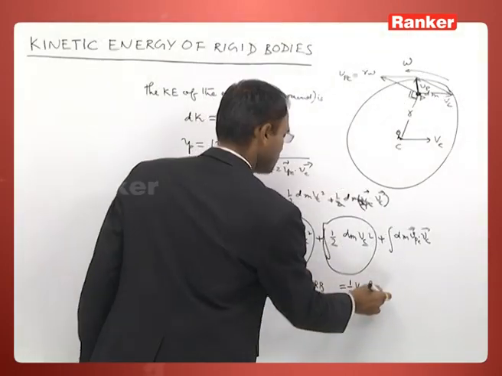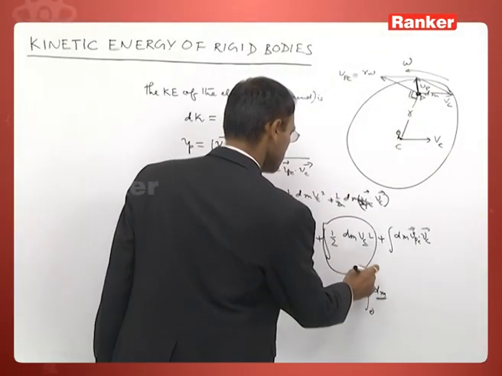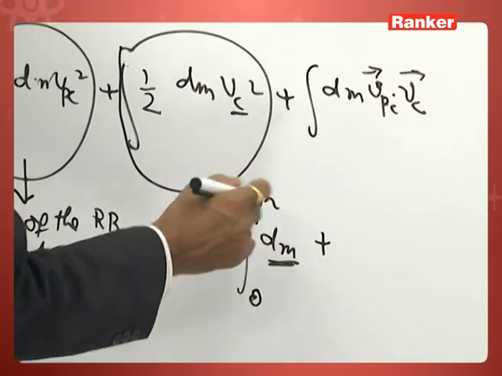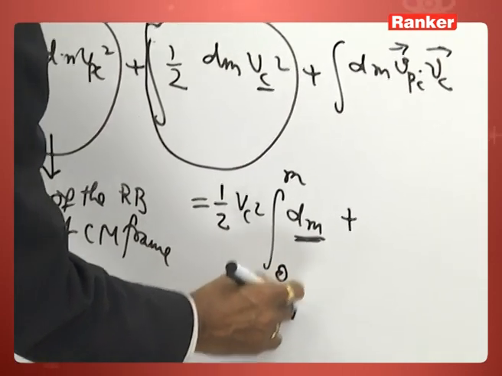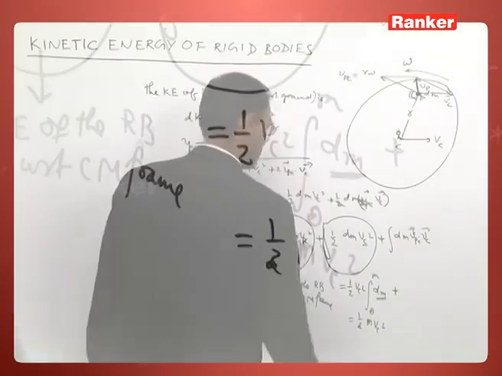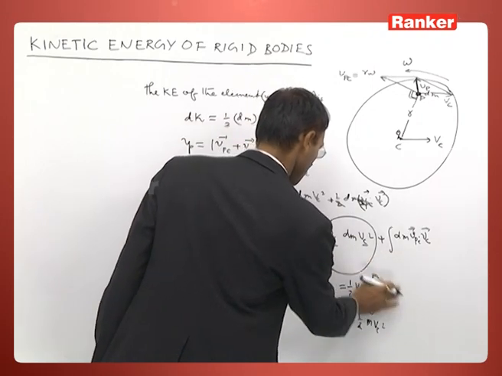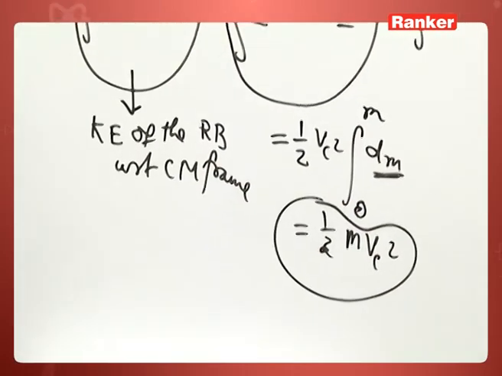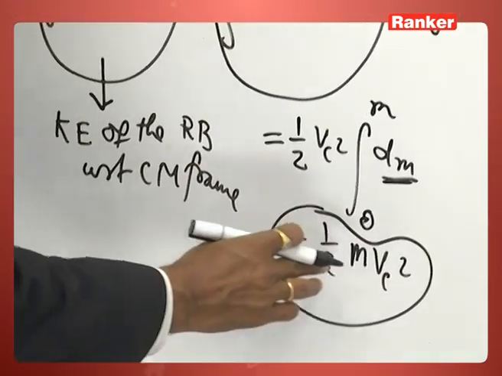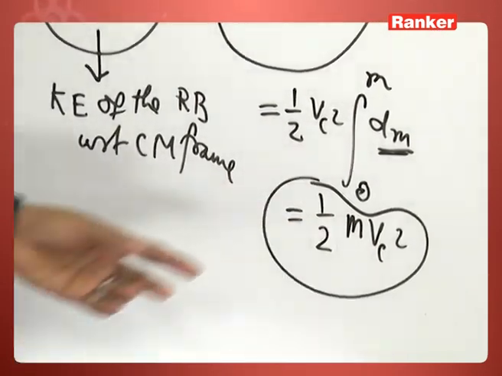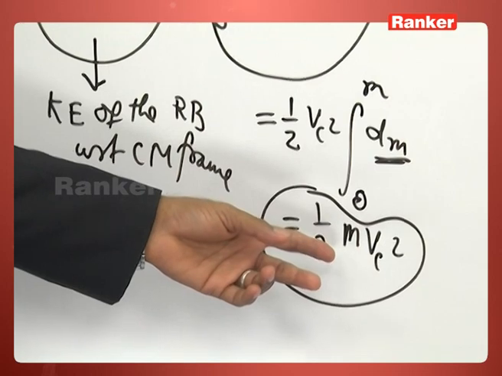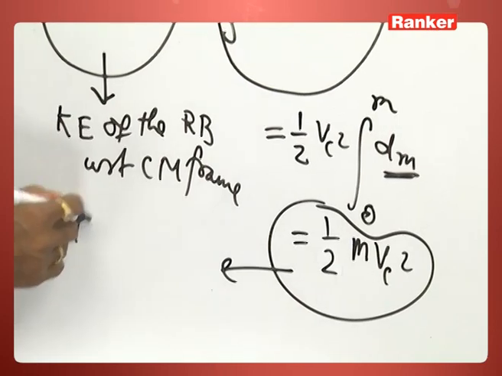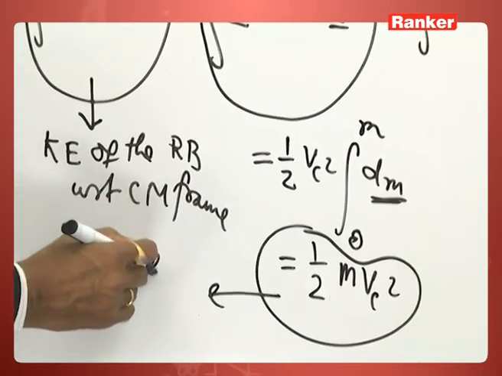Only dm is left behind. If you integrate from 0 to M, the mass of the rigid body, you get half M Vc square. This term is half into the mass of the total rigid body into the square of the center of mass velocity, so we can call it the kinetic energy of the center of mass.